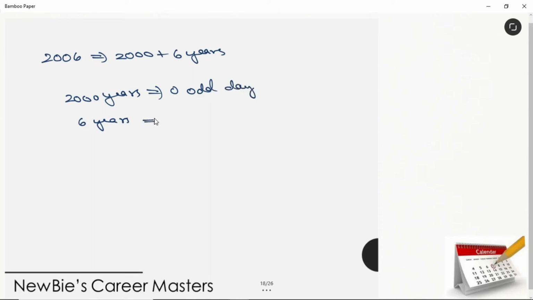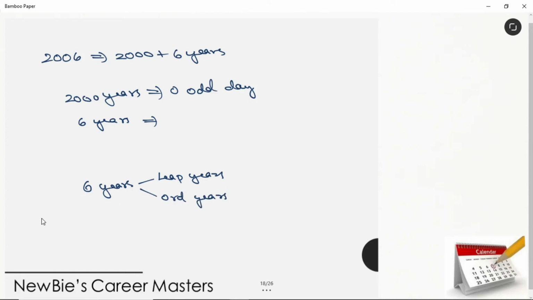Now, find out how many odd days are there in 6 years. What do you have to do? In 6 years, take out how many leap years and how many ordinary years there are.